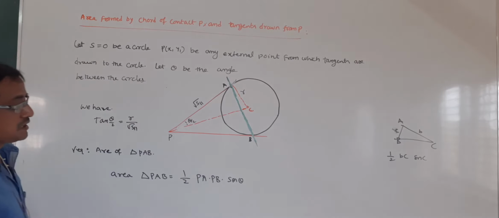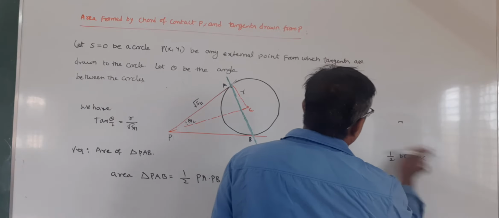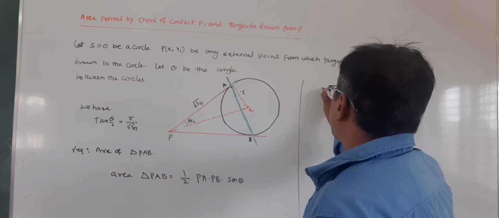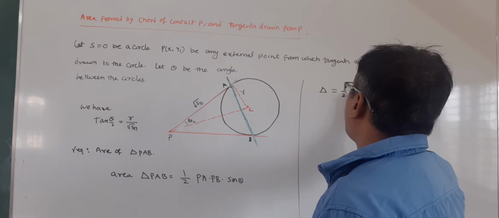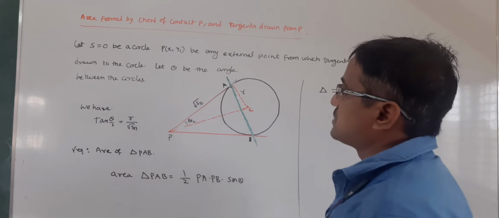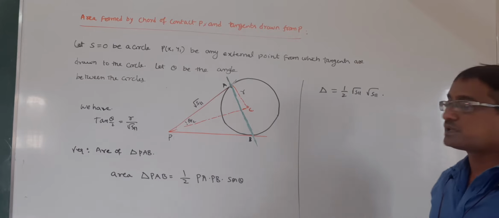So that is the area of triangle formula. Now this can be written as half, PA is root S11, PB is also root S11, since they are the length of tangents drawn from the point.